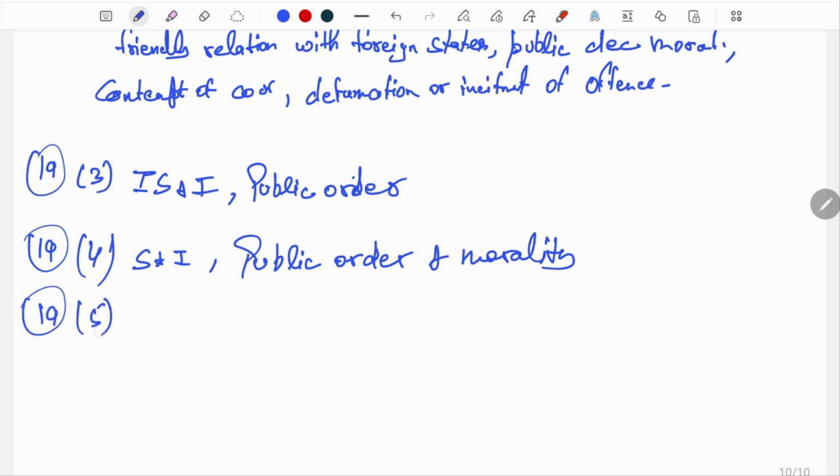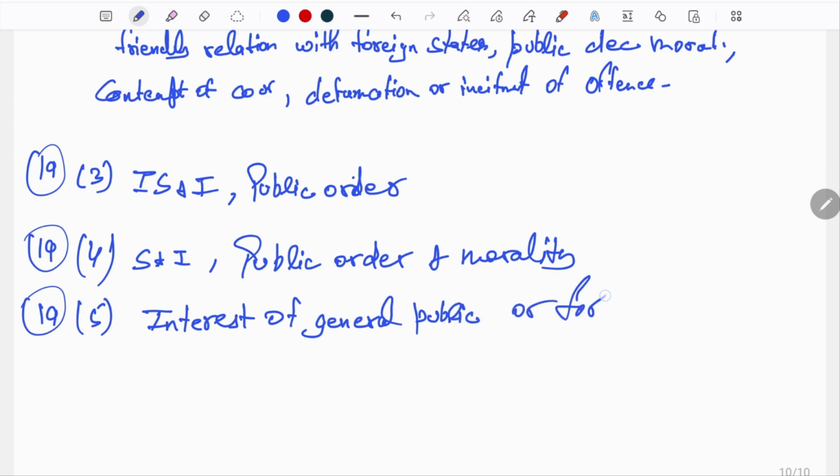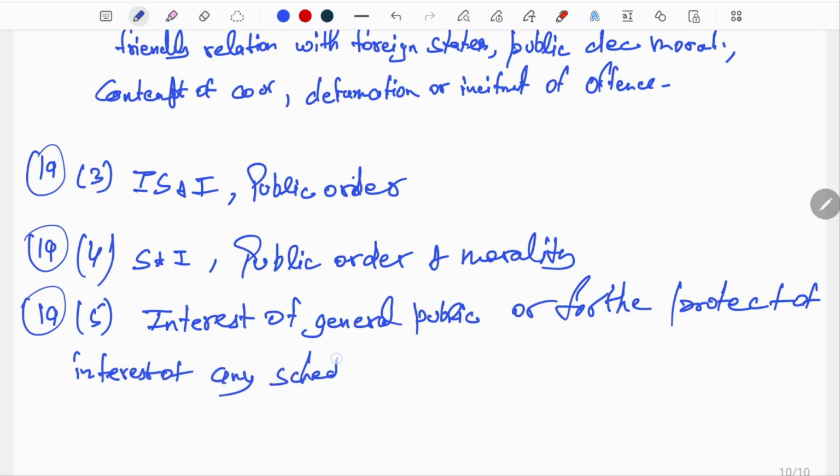19(5) mentions the restriction upon D and E, that is movement and settlement. So these are in the interest of the general public and for the protection of the interest of any scheduled tribe.